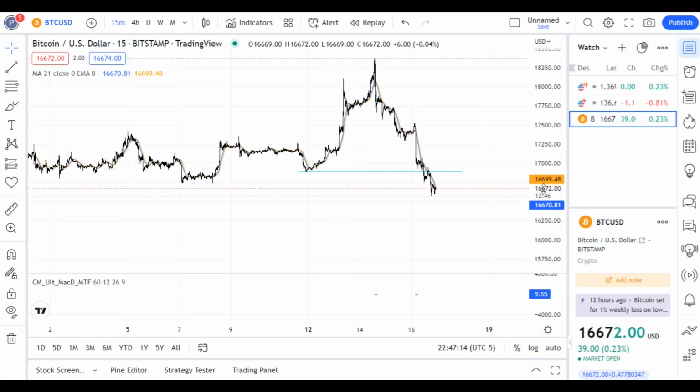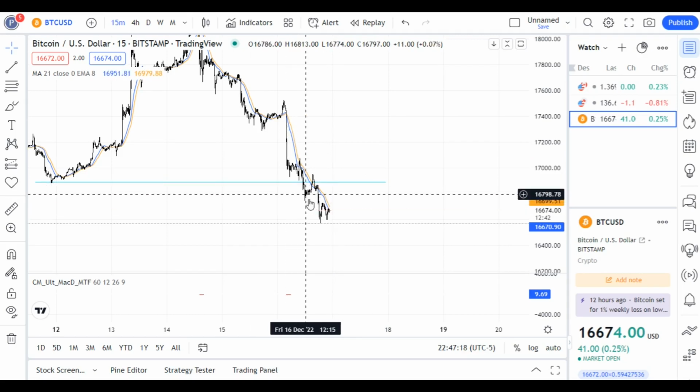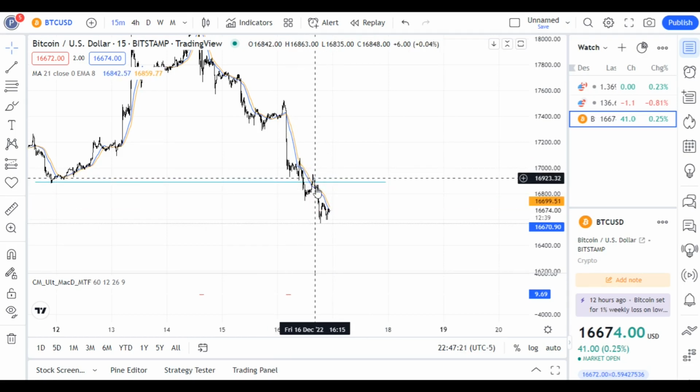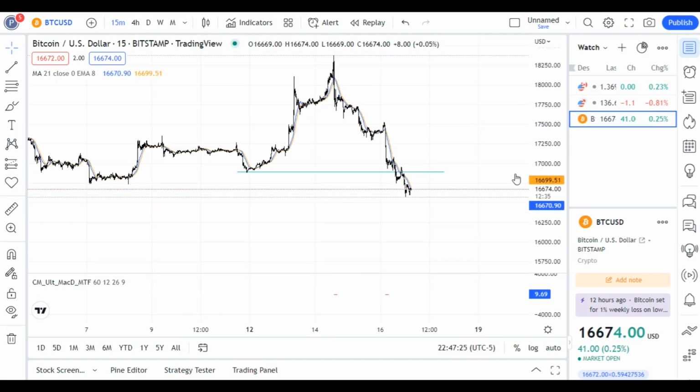So you can see when this market passed by, truly it went back, picked up momentum and pushed down. So you can see that on the 15 minutes we're on the right track.